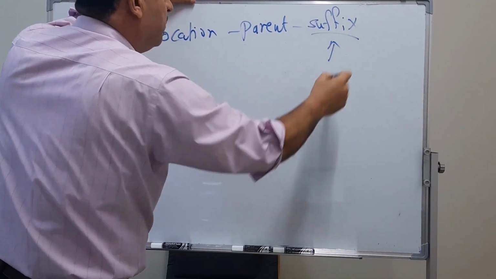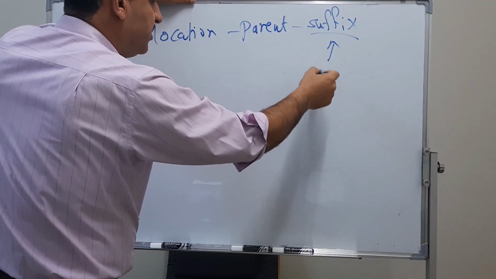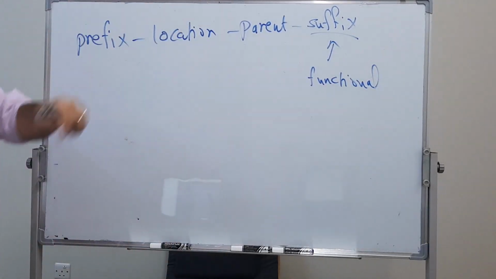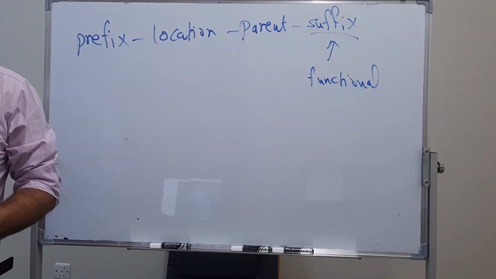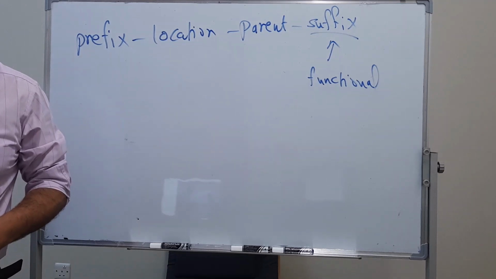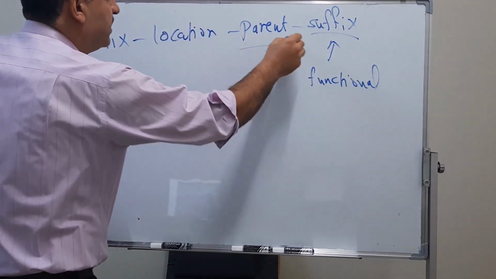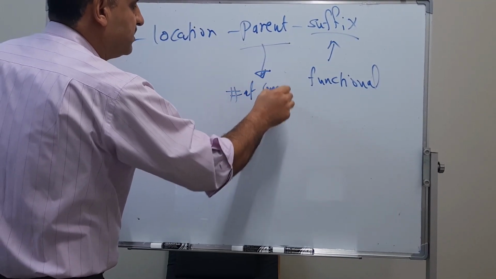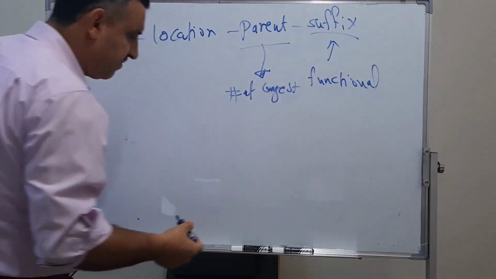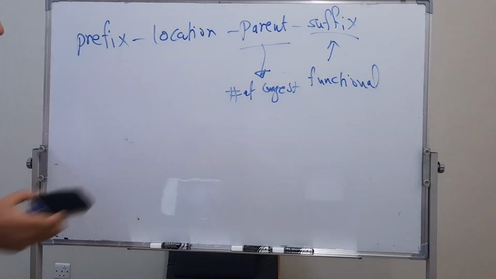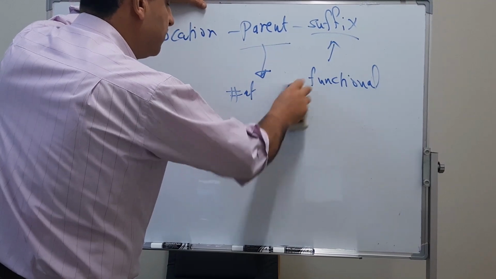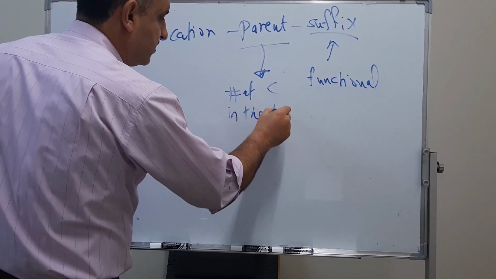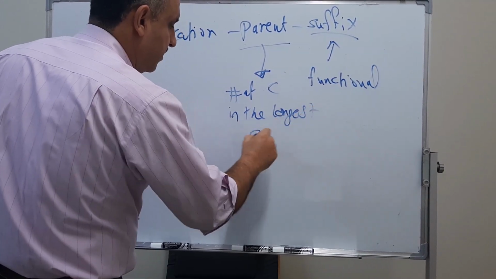The suffix is always an indication of the functional group. For each functional group, there is always a suffix. All right? The parent is always related to the number of carbon atoms in the longest chain.